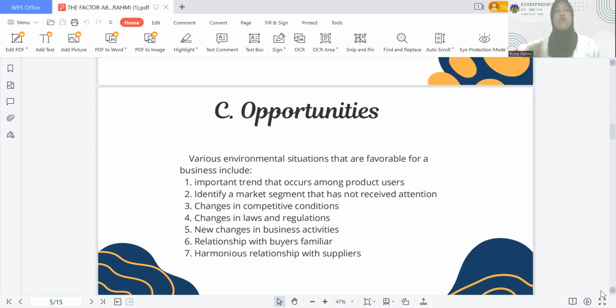And the next is change in competitive conditions. And the next is change in laws and regulation. And the fifth, new change in business activities. And the sixth is relationship with buyer familiar. And the last is harmonious relationship with supplier.